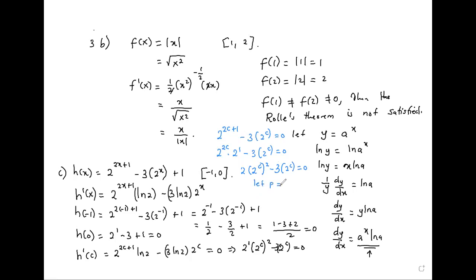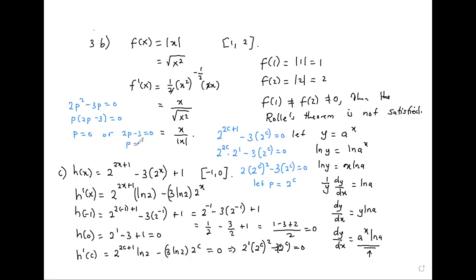Or in simpler ways, you let p represent 2 to the power c, so that the equation becomes 2p squared minus 3p is equal to 0. And then you factor out p, you have p times 2p minus 3 is equal to 0. So it's either p is 0 or 2p minus 3 is 0.